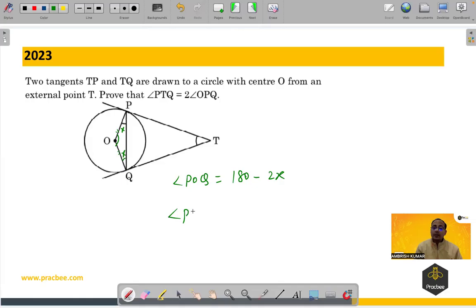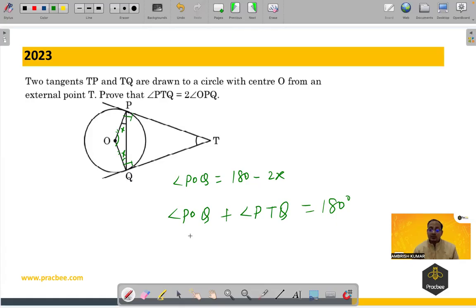Now angle POQ plus angle PTQ is going to be 180, because the angles at P and Q are 90, 90. If you take the angle sum property of the quadrilateral, these four angles added together equal 360, out of which P and Q are 180.